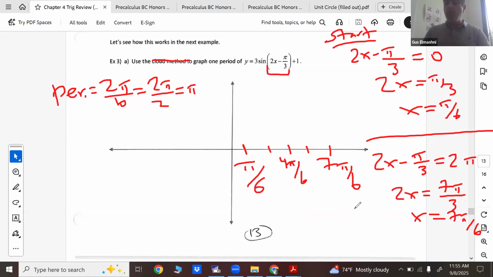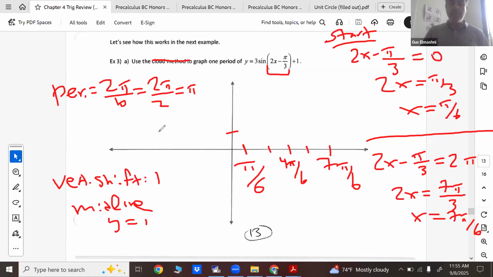Where was the vertical shift? So I call that my midline. My midline is y equals 1. So you're going to be basing the amplitude off that. Okay. And it's sine. So it's going to start on the midline or above it? On it. And amplitude is what?